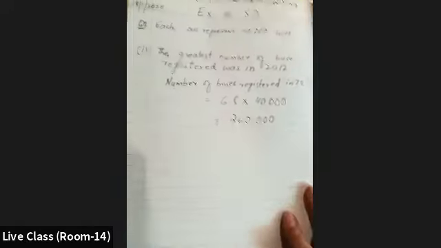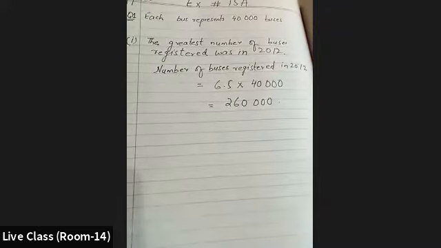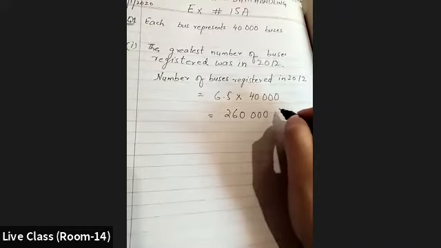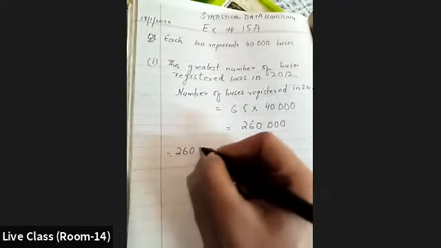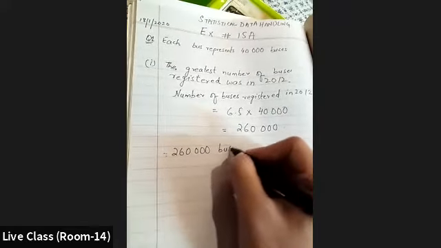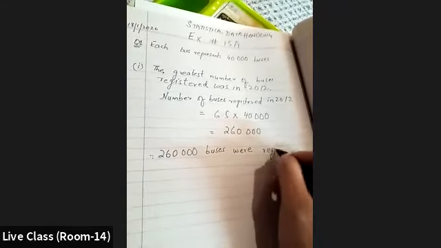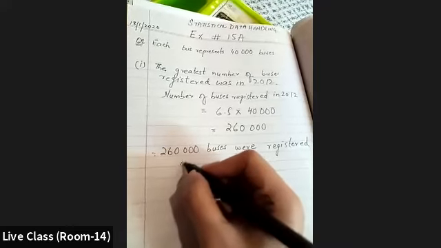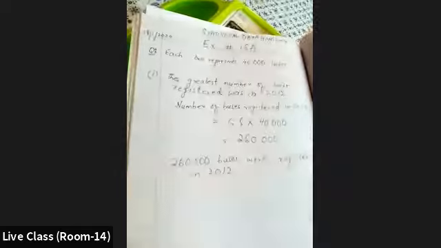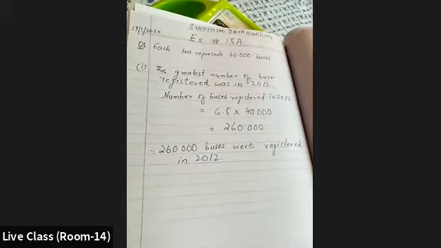This is the proper way to write your answer. Now the statement is here. 260,000 buses were registered in 2012.